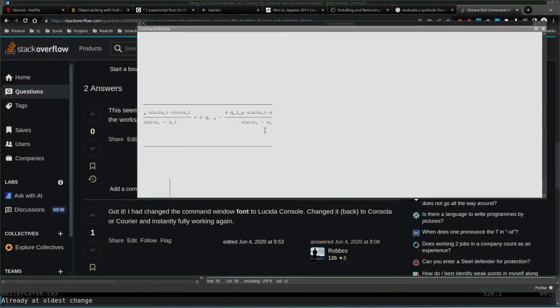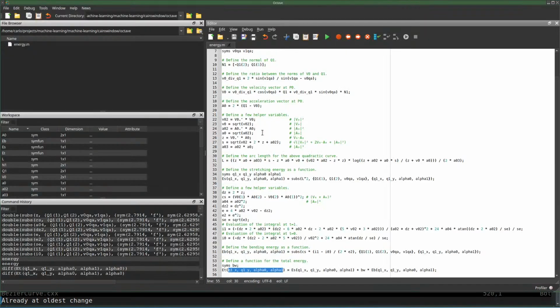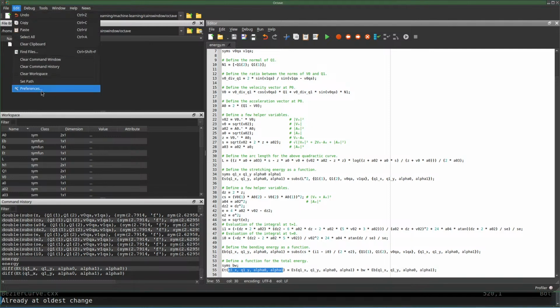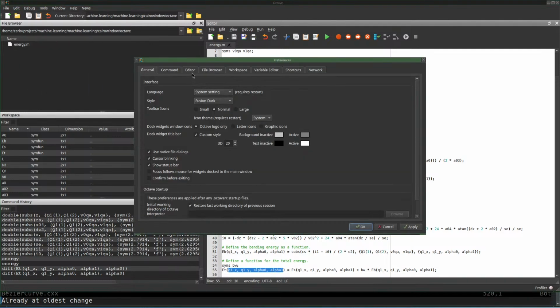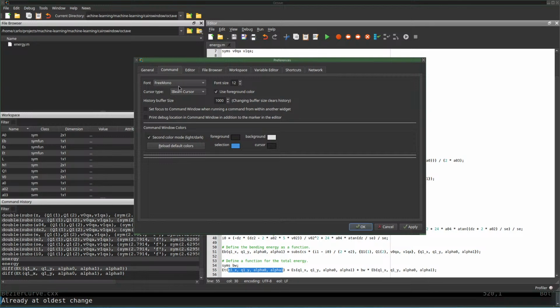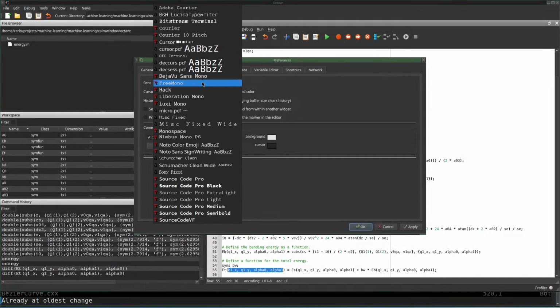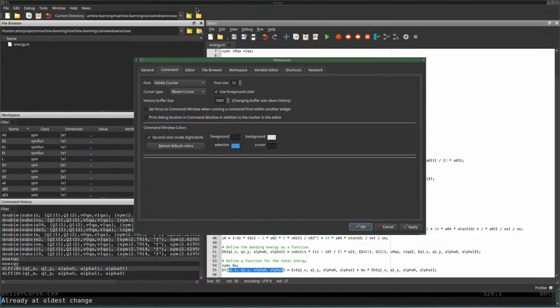So I want to change the font of the command window back to, well, away from free mono. I think that was on this horrible font.